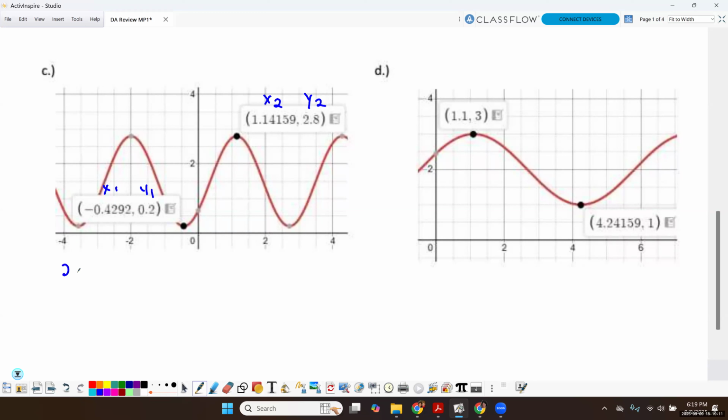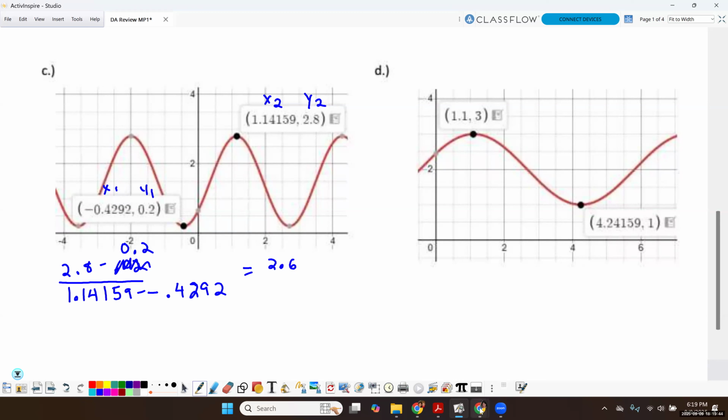We've got 2.8 minus 0.2 divided by 1.14159 minus negative, whoa, I wrote this wrong. This is 0.2. So I know that the numerator is 2.6.